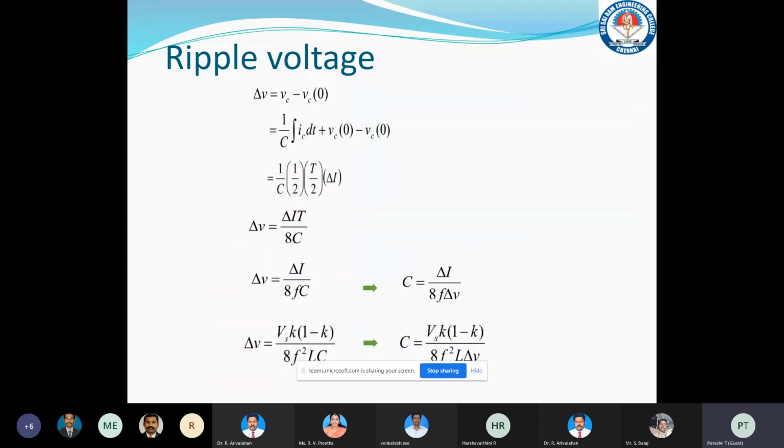In order to find the critical value of L, we have to equate the ripple current to 2 times the load current, and in order to find the critical value of capacitor, we will be equating the ripple voltage to 2 times the load voltage. If we do all these things and derive the values for L and C, those values are nothing but the critical values of L and C.